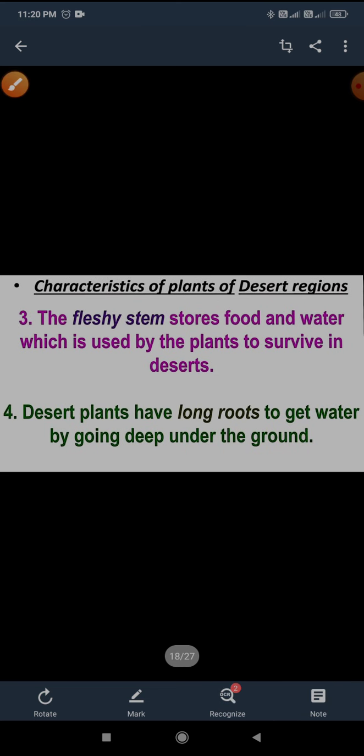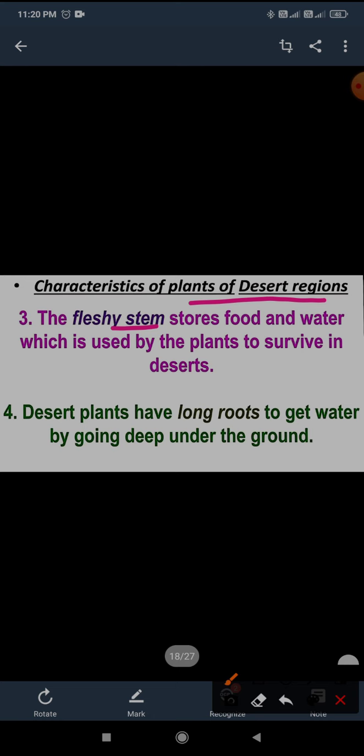The next characteristic of plants of the desert region is the fleshy stem. You can see the cactus. This type of plant has a fleshy stem. They store food and water, which is used by the plants to survive in the desert. And next, desert plants have long roots to get water by going deep under the ground.